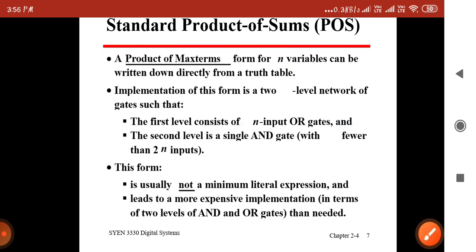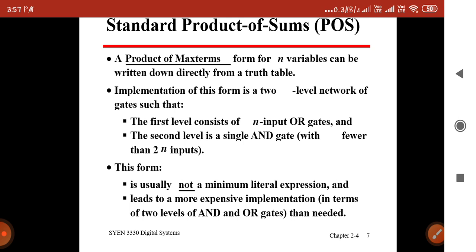Yes, we can write it like that in the expression of POS. Implementation of this form is a two-level network of gates, such that the first level consists of the n inputs in OR gates, and the second level is a single AND gate with no more than 2 raised to n inputs.